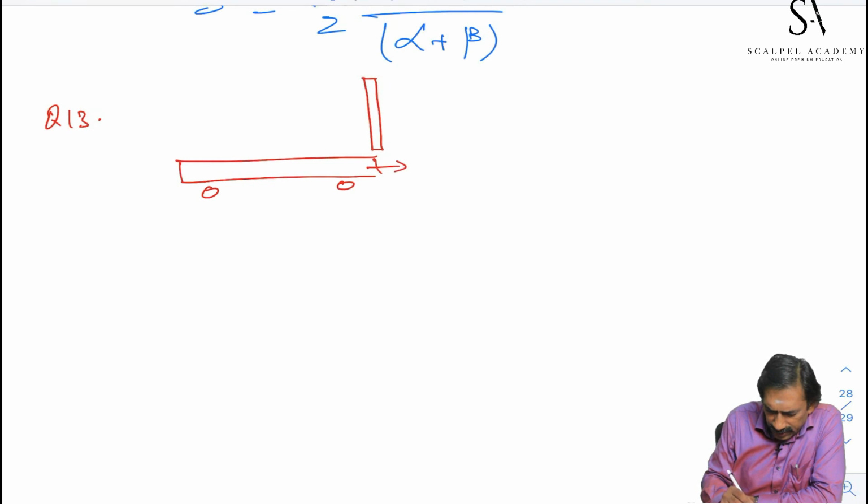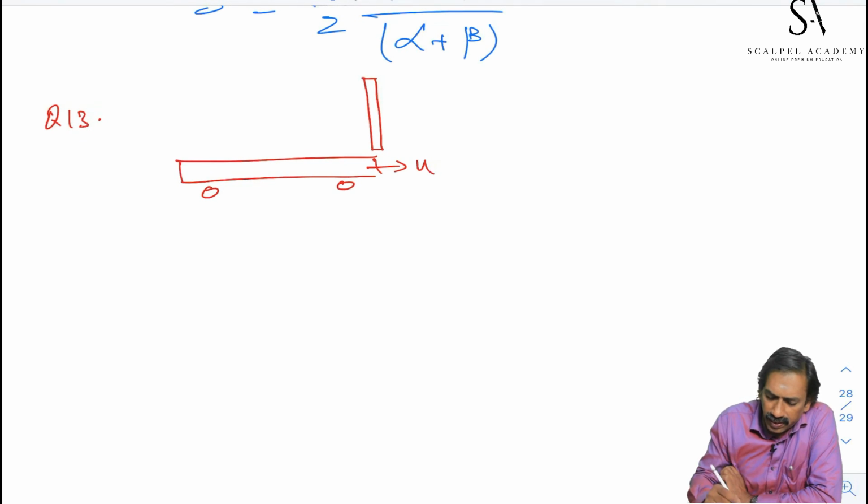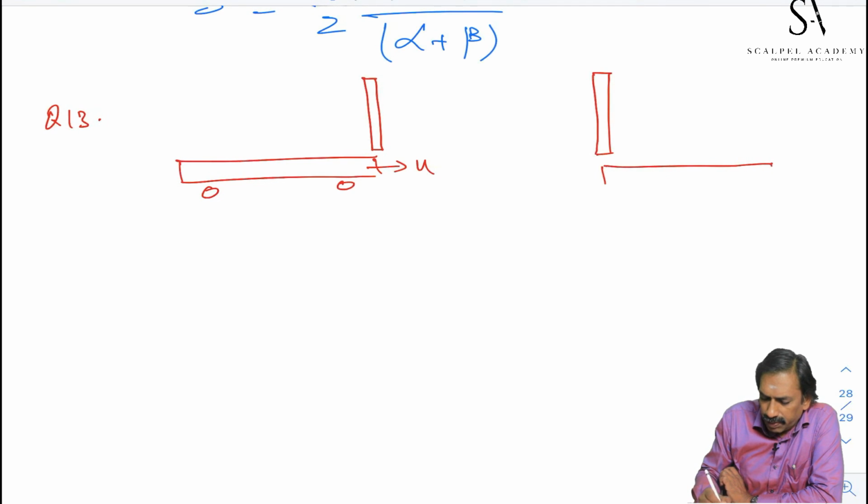While crossing the pole, its velocity is u. When the last compartment crosses the pole, the velocity is v. What the question is, what is its velocity when the middle compartment crosses the pole?